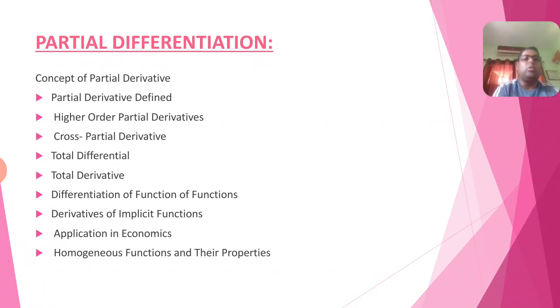This is very important because there are some nice properties of the homogeneous production function and homogeneous function also, and there are some important applications of homogeneous functions in economics. So from this unit you can learn these things.